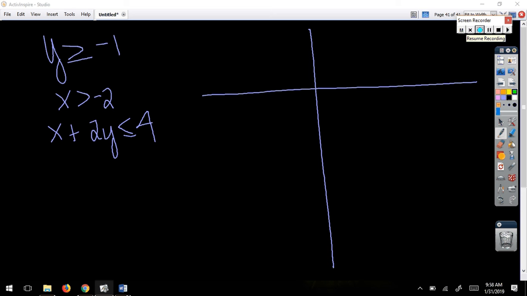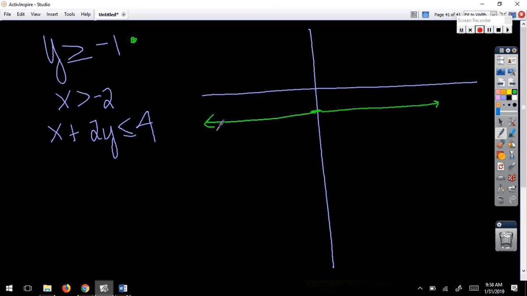And what kind of a line is x equals a number? A vertical line, okay? So let's graph each one of these and let's see what happens. y equals -1. That means at -1, there's a horizontal line. Horizontal goes which way? Side to side. Solid or dash? Solid.